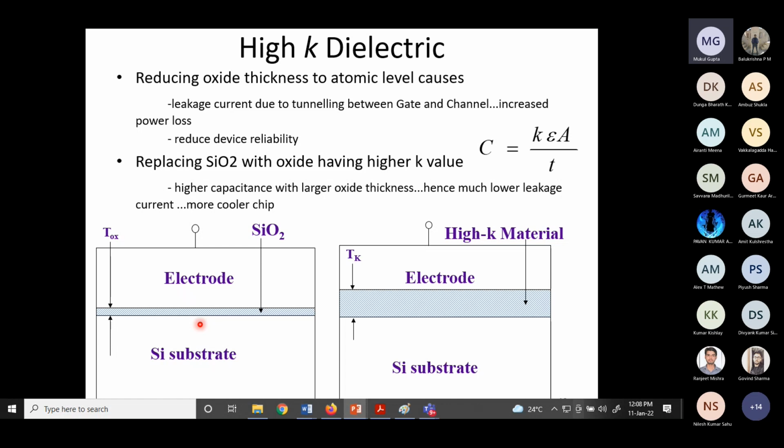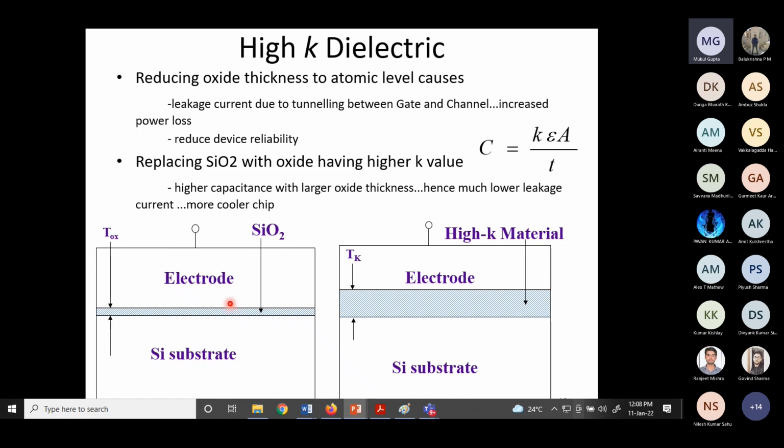So the gate should have proper control on the channel, and you apply voltage between drain and source, which will drain out electrons if it is an n-channel device, and source electrons through the source side, right? But once you are reducing the dimension, your source and drain will be pretty close, so you have to reduce the thickness of the gate oxide, right?